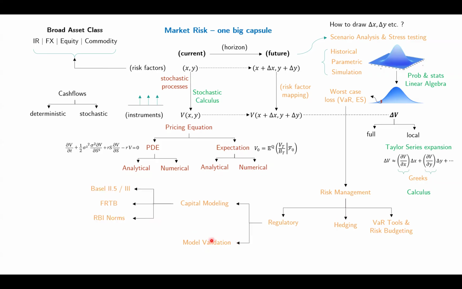Within capital modeling, the earlier standard was Basel 2.5, then came 3. Before that, there was 1. Anyways, we don't talk about 1. In practice, today you'll find Basel 2.5 and 3 in place. The newest requirement is FRTB, which I would say is adopted very little at the moment.